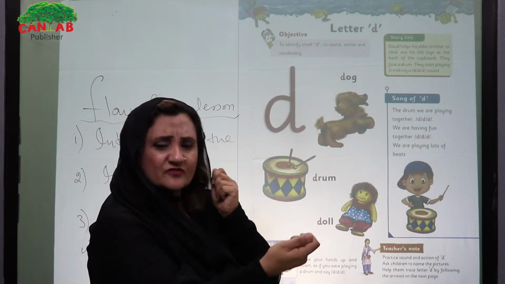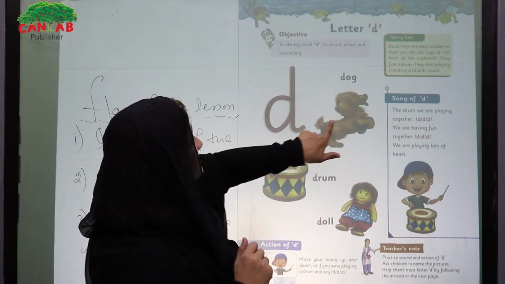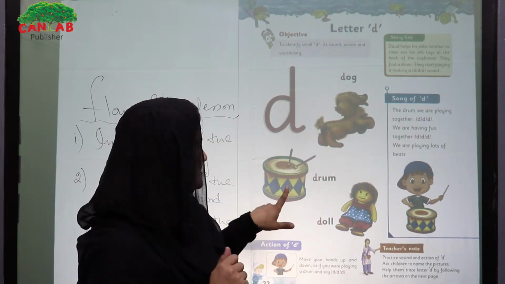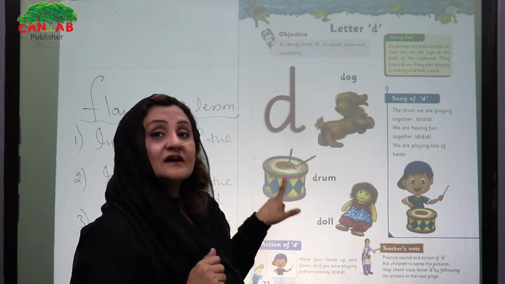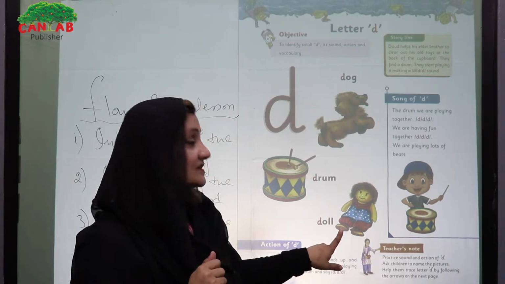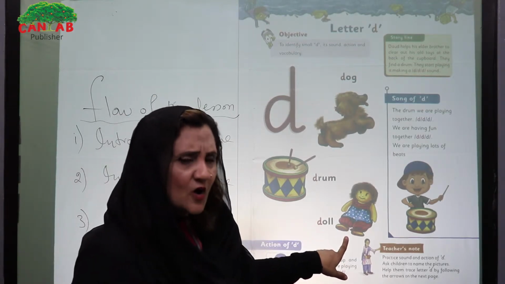You will show the page of the book, or you can take help from the flash card like this. Dog. What is this? Dog. What is this? This is a drum. And what is this? This is a doll. Do the girls love to play with the doll?